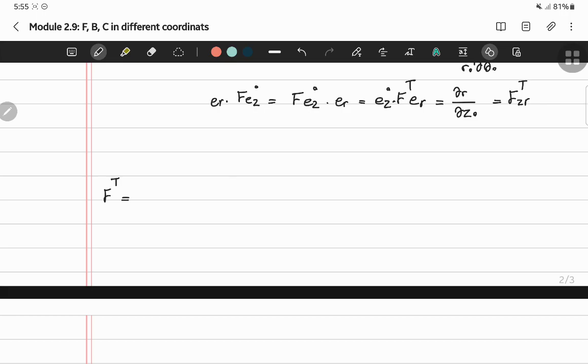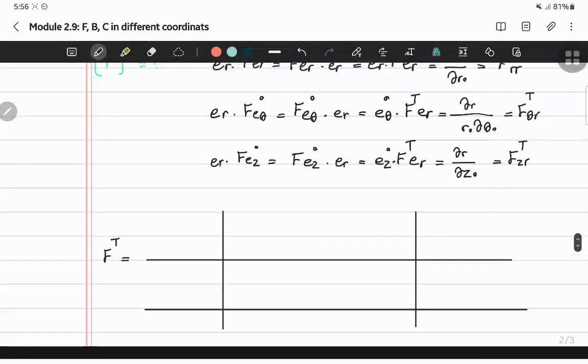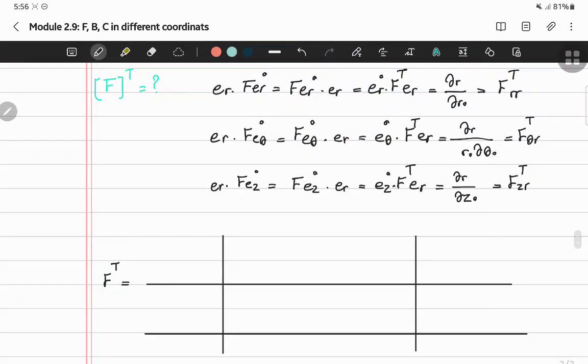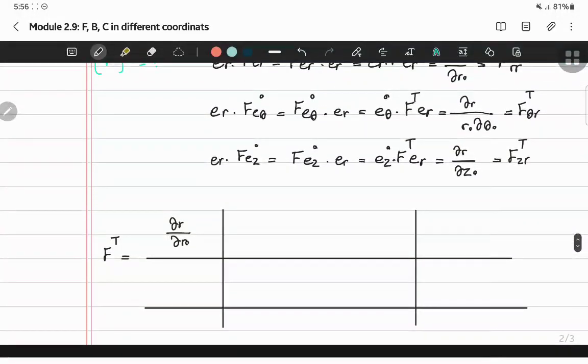So F_RR remains where it is. Then we have F_thetaR transposed. F_thetaR is in here, so we have to put it here. So we swap these two. F_thetaR goes in here. So we have the partial derivative of R with respect to theta0, and then the partial derivative of R with respect to Z0.